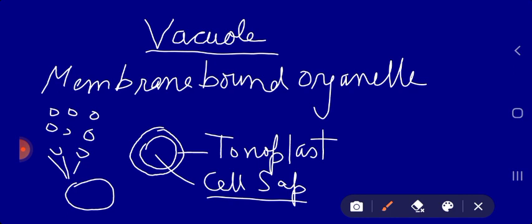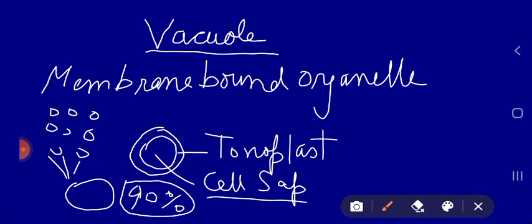The central vacuole occupies about 90% of the cell volume in plant cells. Now this organelle, the vacuole, has no basic shape or size.